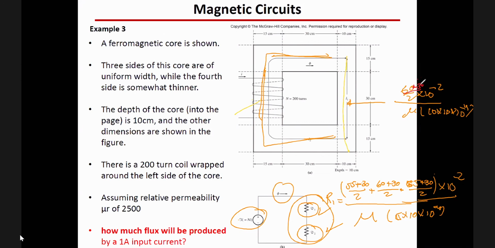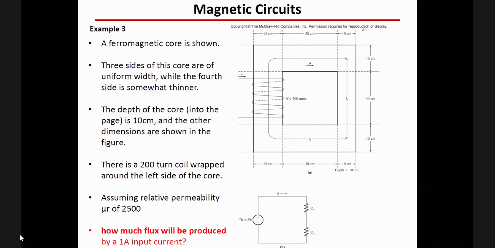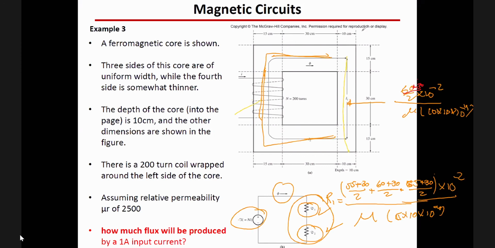So what I need you to do, guys, is do it at home. Isn't the area 15 plus 10 multiplied by 10 to the power minus 4? This is the area for the three legs here, because you wrote 15 multiplied by 10 multiplied by 10 to the power minus 4. Yes, that's correct, because the area here is 15 multiplied by the depth, which is 10.